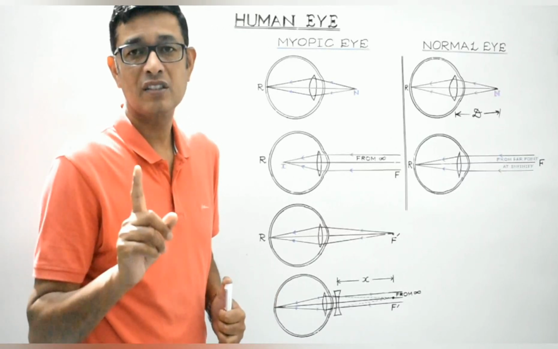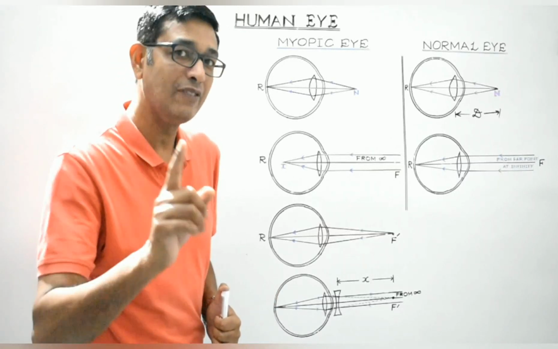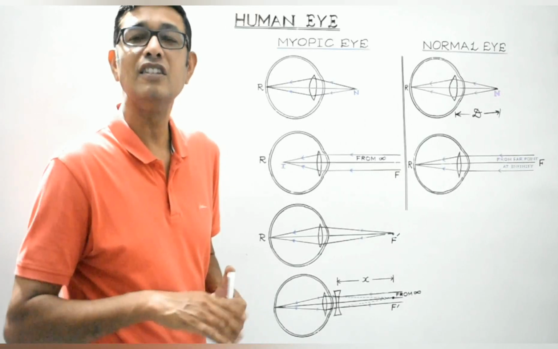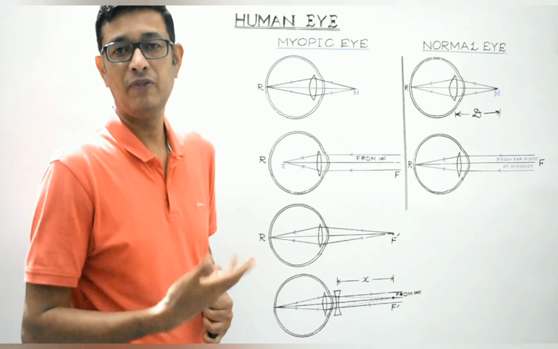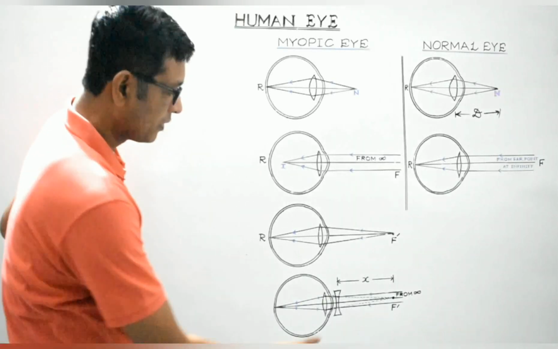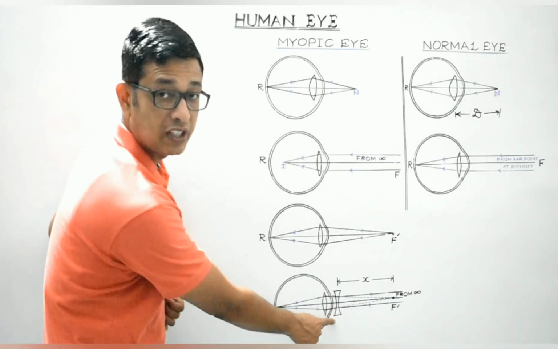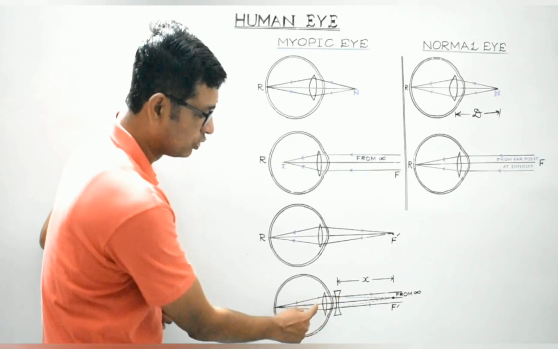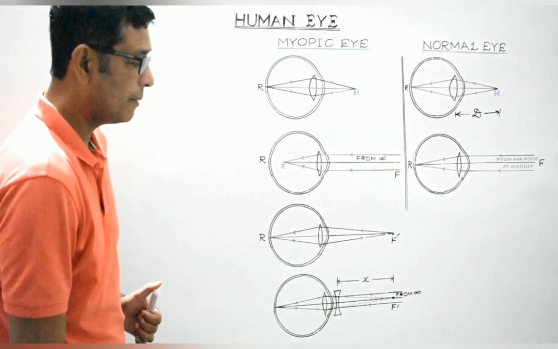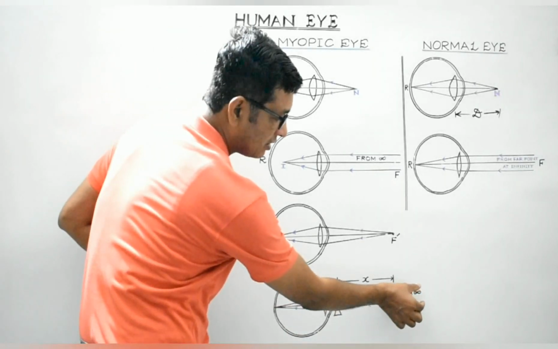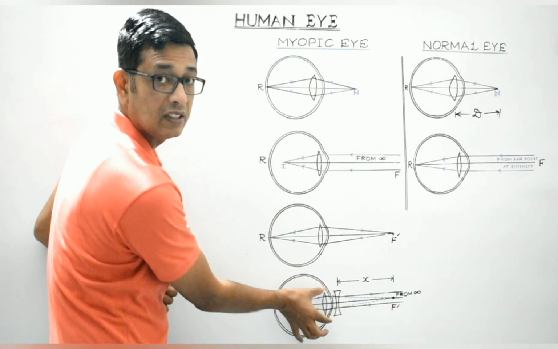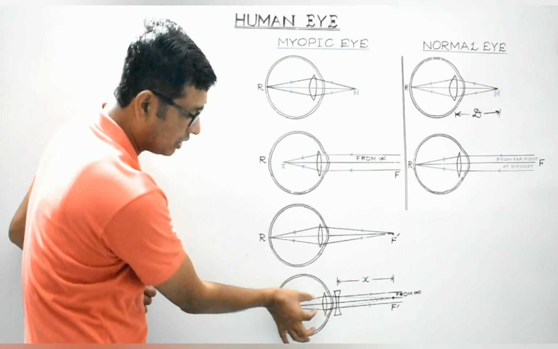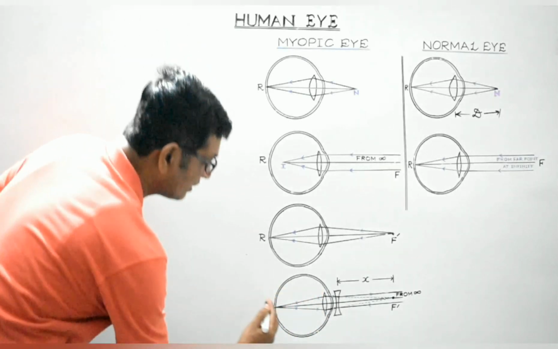For that, students, we make use of a diverging lens, that is a concave lens of suitable power or suitable focal length. So look, when this concave or diverging lens is placed closer to the eye, the rays coming from infinity get diverged by the concave lens and then converge exactly at the retina.